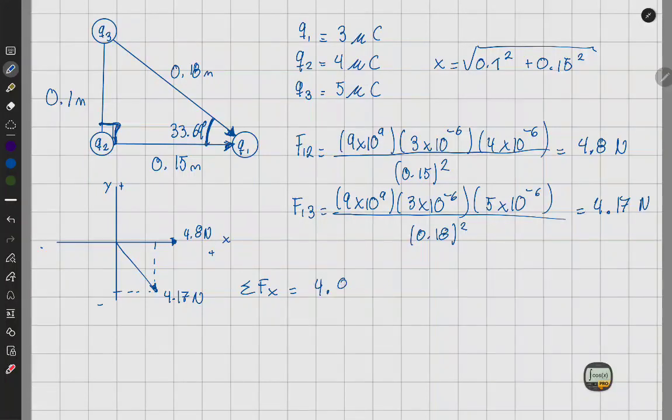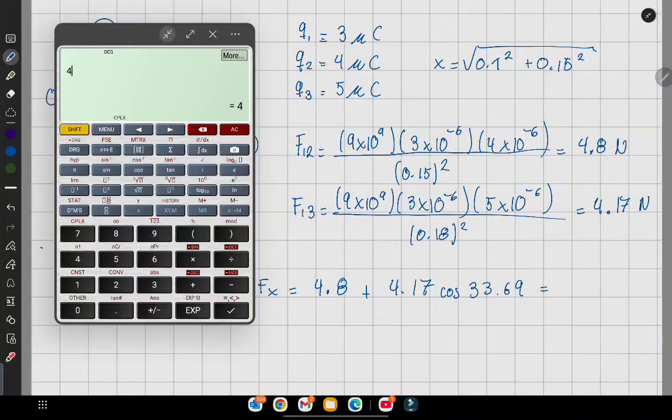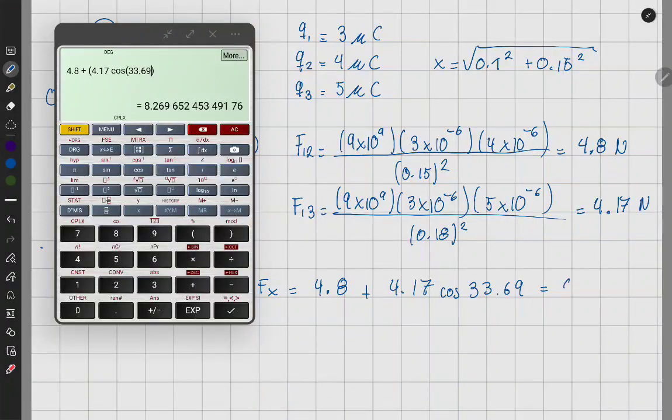So it's 4.8, and then the component in here for the force 4.17, that is plus 4.17 times the cosine of the angle, so the angle is 33.69, and then you can write that in the calculator again. So 4.8 plus 4.17 cosine of 33.69.